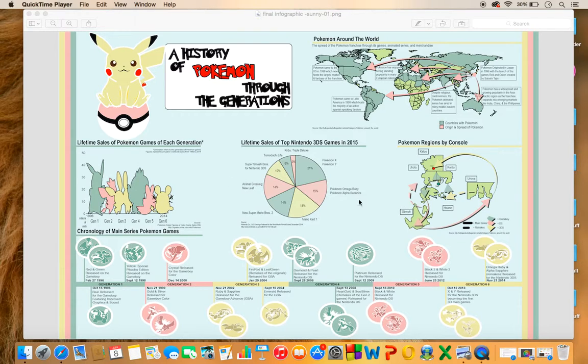No display, especially in the middle, competes with or overtakes the visual hierarchy of any other display. All these displays have about the same visual hierarchy. The only exception is, of course, the title and the timeline, and the map's a little bit bigger, so it has a little bit more prominence, but the biggest prominence is definitely the title and the timeline.